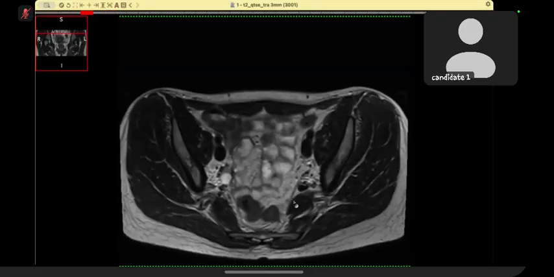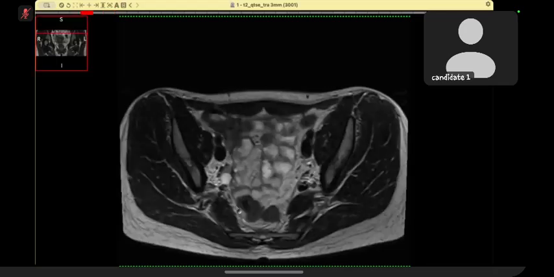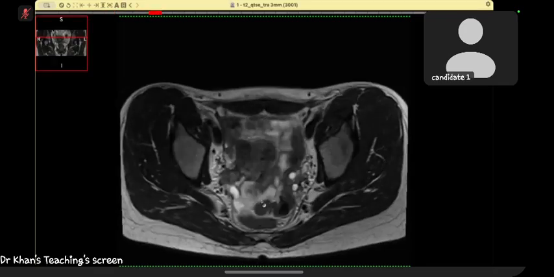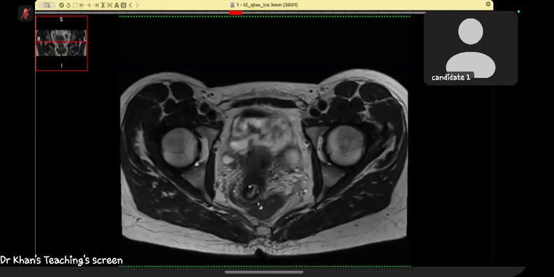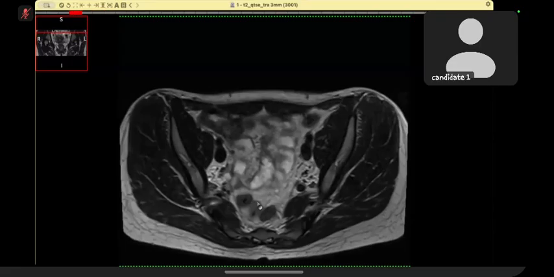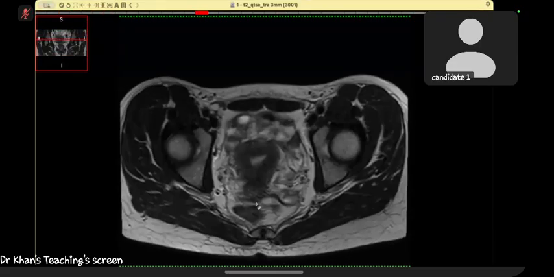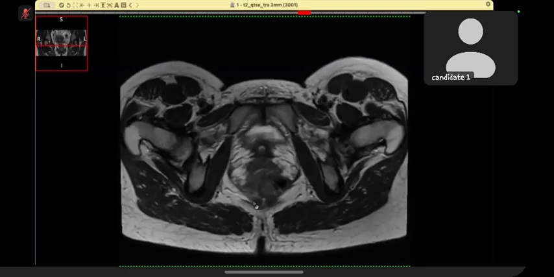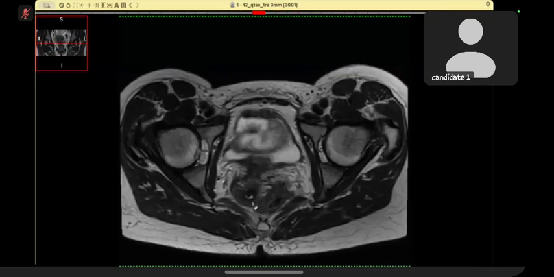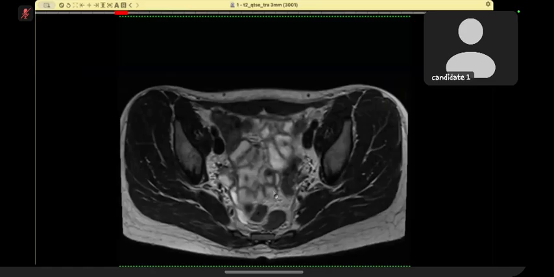On the right side, there is a curvilinear hyperintense fluid containing cystic area in the right adnexa. However, it is not leading up to the uterus, so this is not a hydrosalpinx. Any other complaints except for infertility? No.